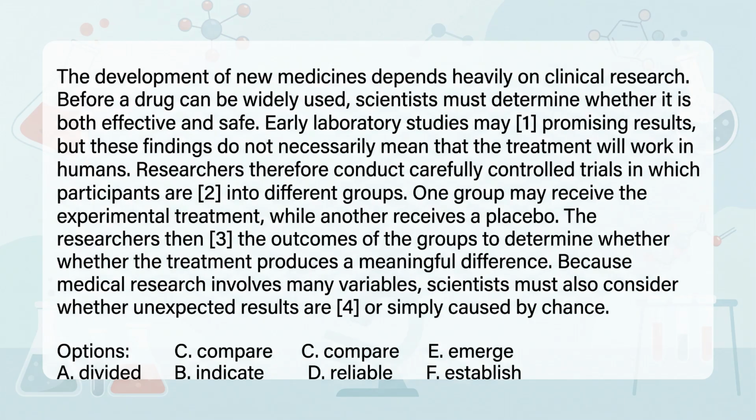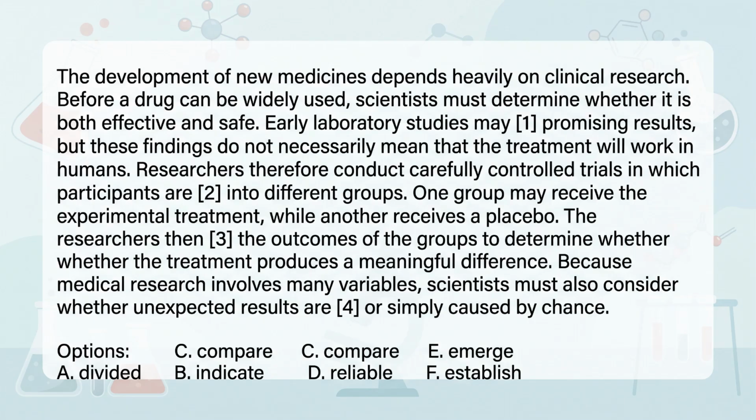Notice how grammar makes this final choice completely foolproof. Our last likely options are reliable and emerge. Let's plug them in. Unexpected results are emerge. Yeah, that's grammatically broken. You can't pair are with the base verb emerge like that. Therefore, reliable, which is an adjective, is the only fit for the word are.